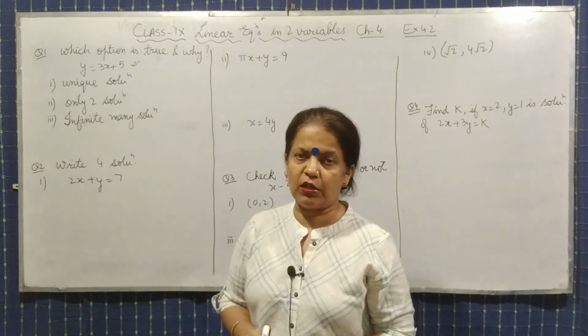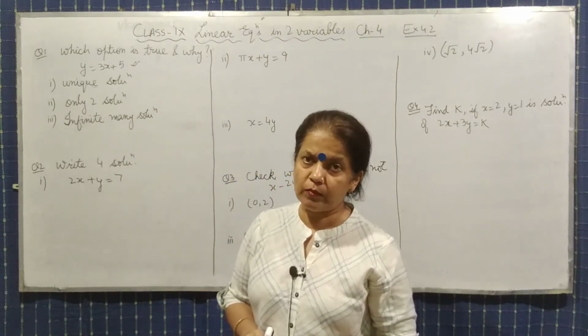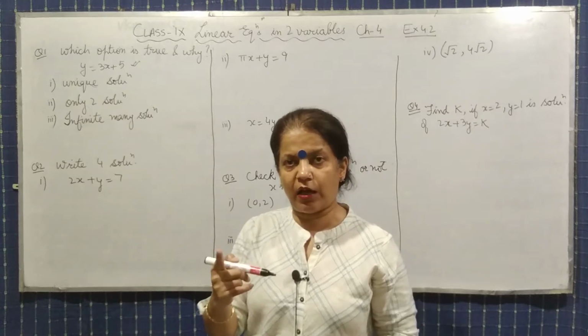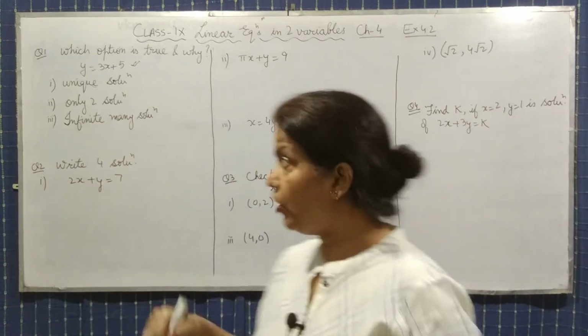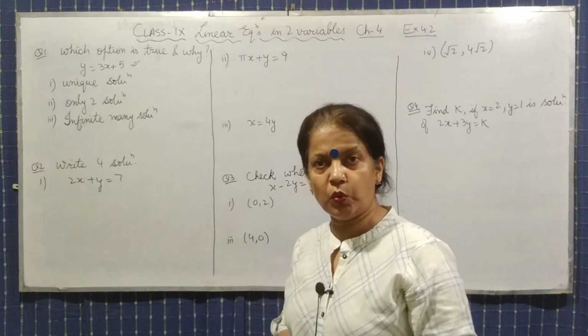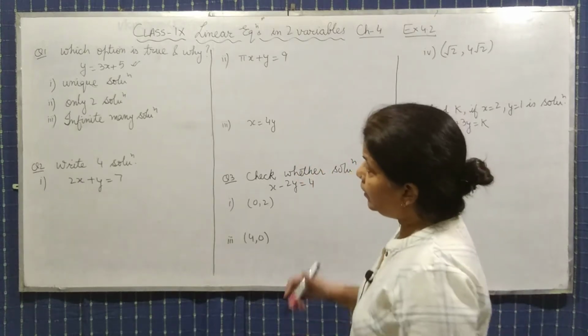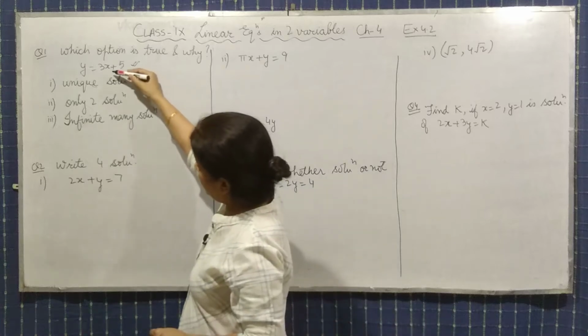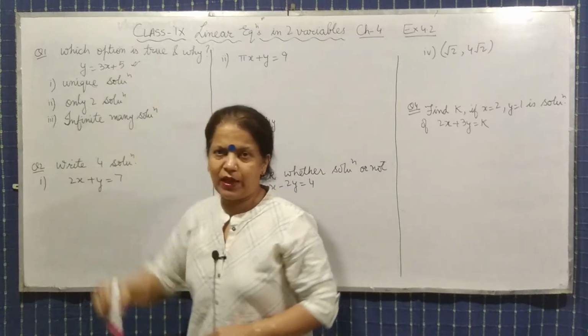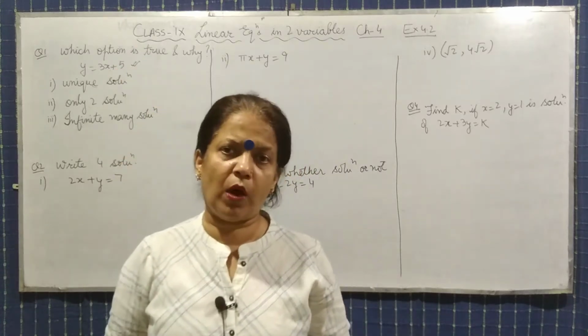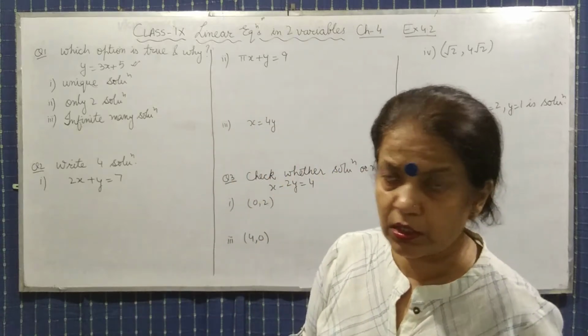So its answer will be 2. In the first case, its answer was 8. Now the answer is coming as 2. The value of y is changing over here. In the same way, if you put any value of x, the value of y will get changed, isn't it?